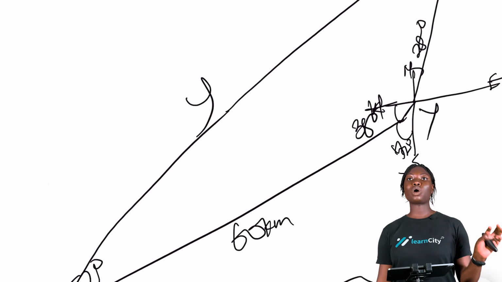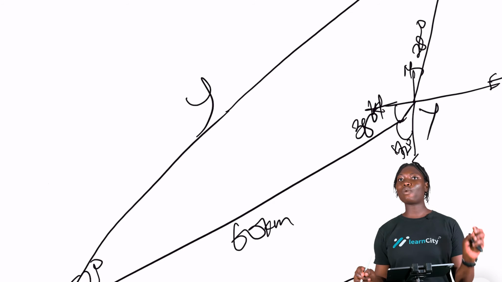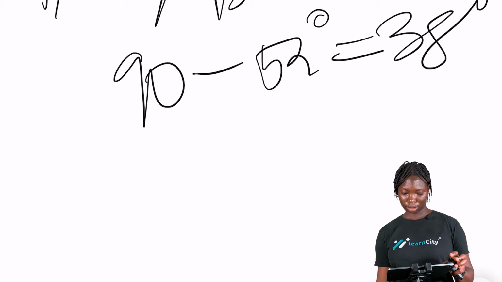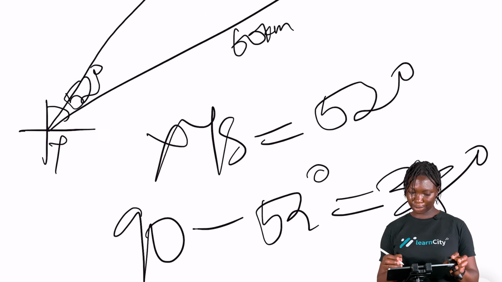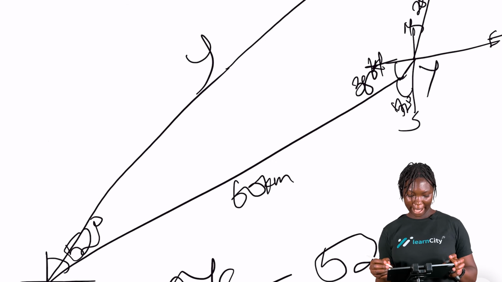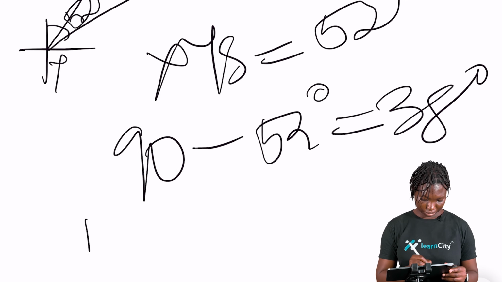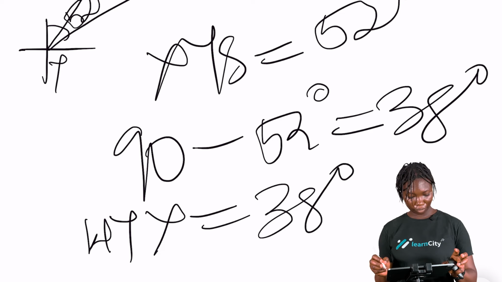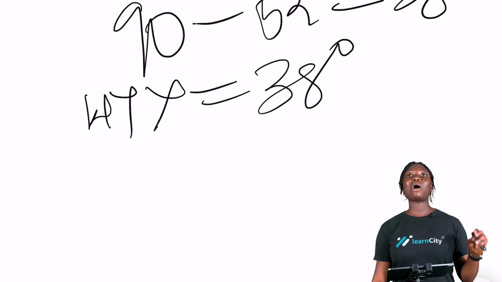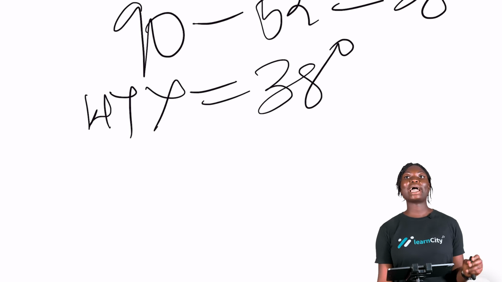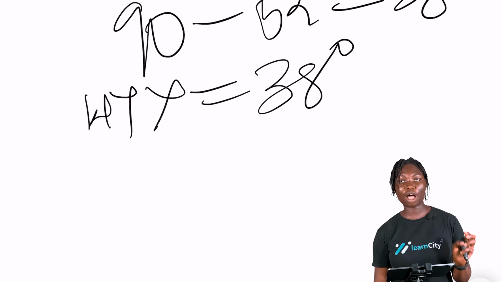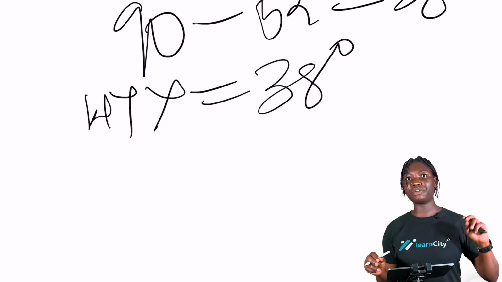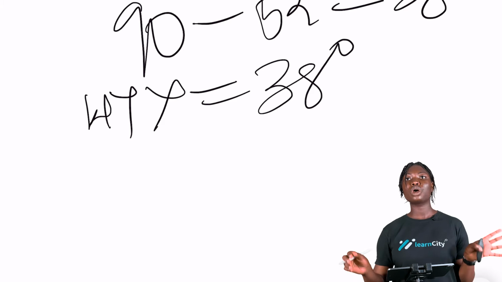So our 38 degrees will be angle w, y, x. Now for our angle y, we have 28 degrees plus 38 degrees plus 90 degrees.